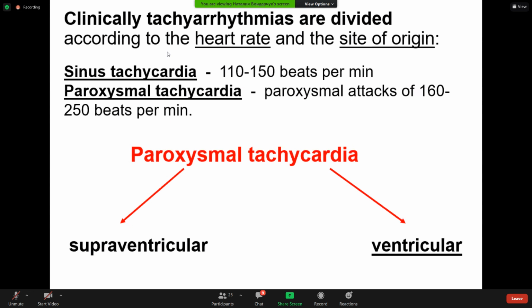In turn, paroxysmal tachycardia, according to localization or site of origin, can be divided into supraventricular or atrial and ventricular.